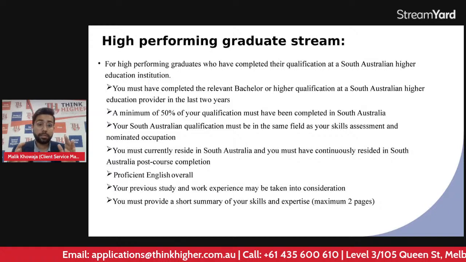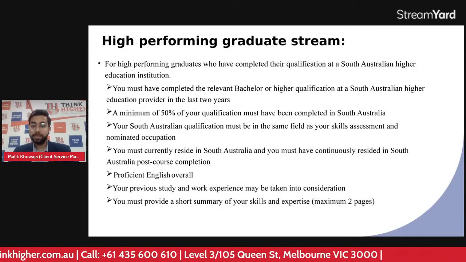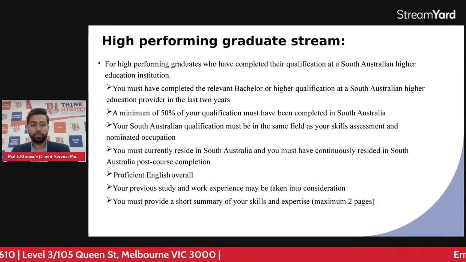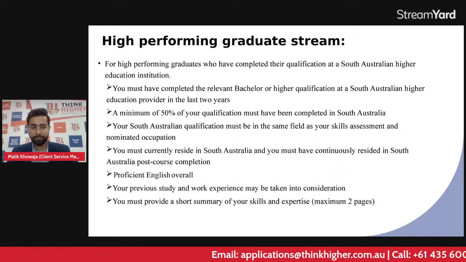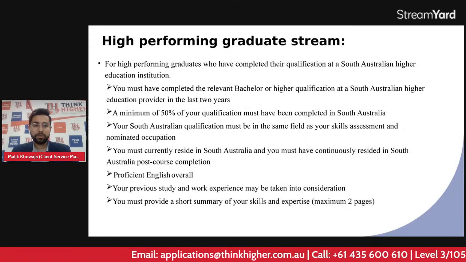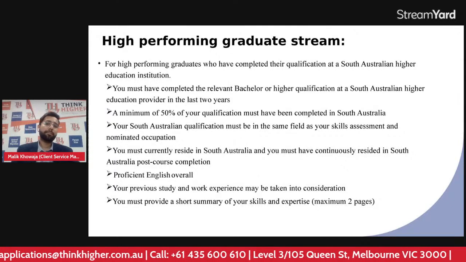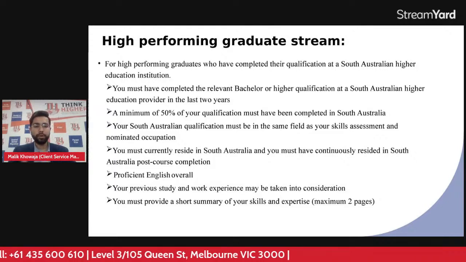So what does it mean, a relevant bachelor's or higher qualification? It means that the skill assessment that you're going to apply for the nominated occupation should match with the qualification that you are going to study in South Australia. Second requirement is that you must complete a minimum of 50% of this qualification in South Australia. What does that mean?